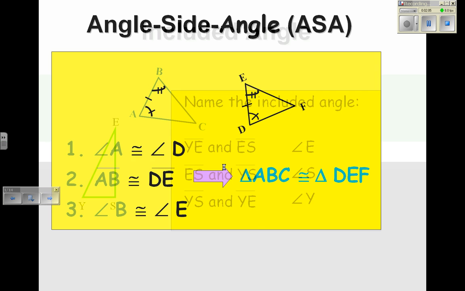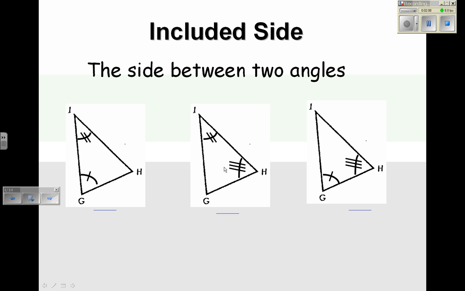That's included angles. Now I'm going to skip this one here and go on to included side. The included side, when we have two angles marked, is the side between those two angles. So if I have two angles being used in a proof, I might say, all right, well, the side included between them is right here, the side that makes up one of the sides of both angles. So this one, GI is the included side.